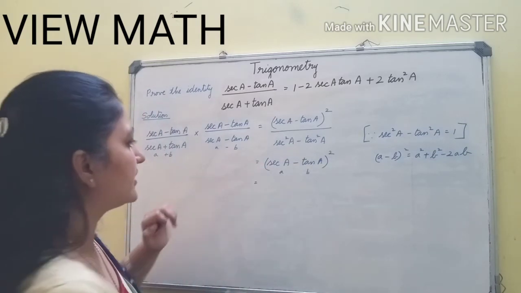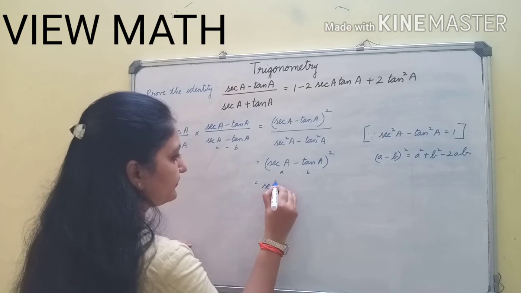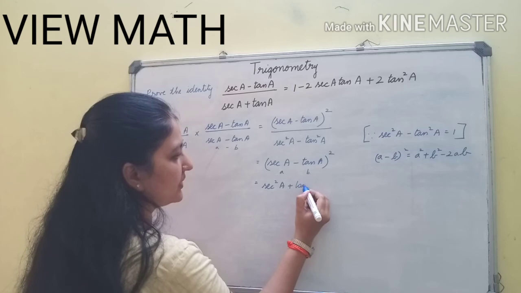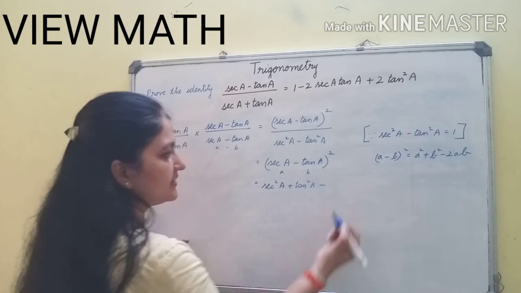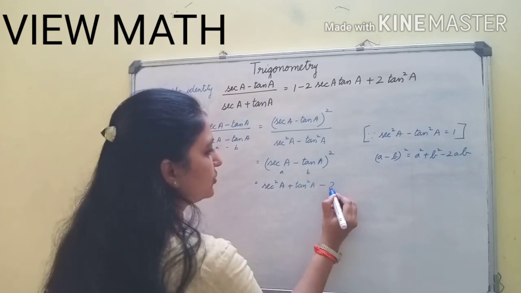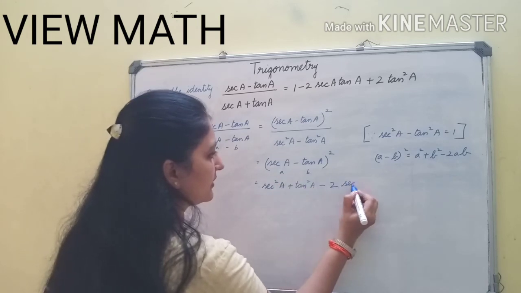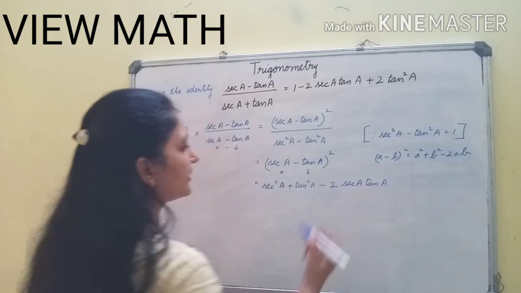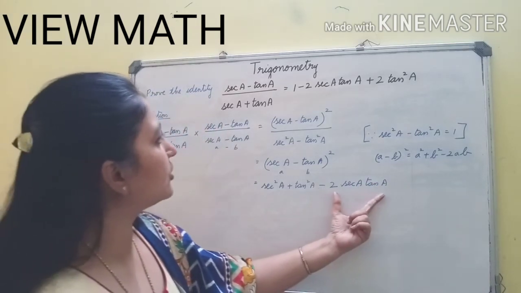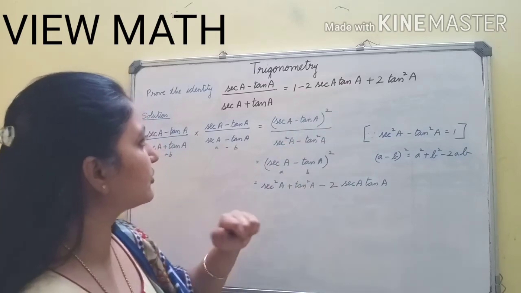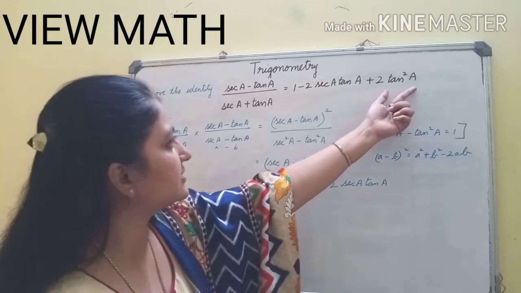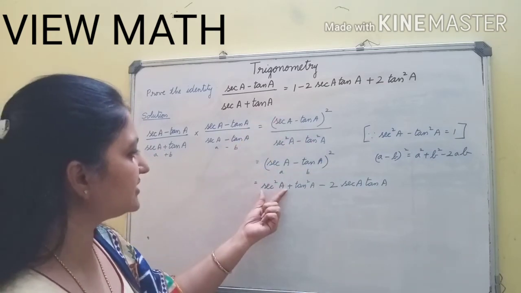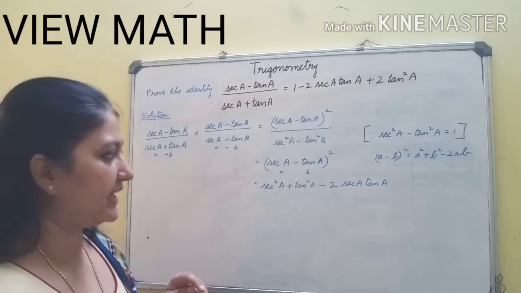A square is secant square A, plus B square is tan square A, minus 2AB: A is secant A, B is tan A. Now you can see I have got the term 2 secant A tan A. Tan square A is there here also, but 2 times it is there. Secant A is not there, so I have to change the secant A in terms of tan A.